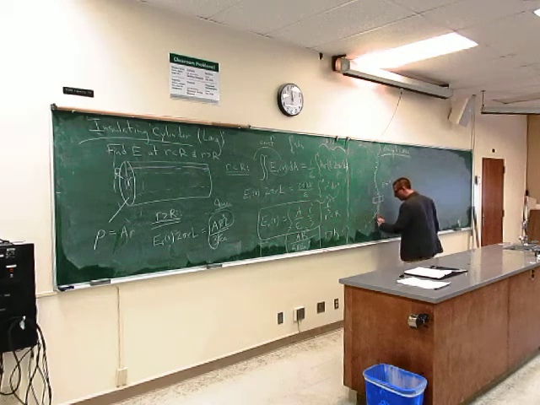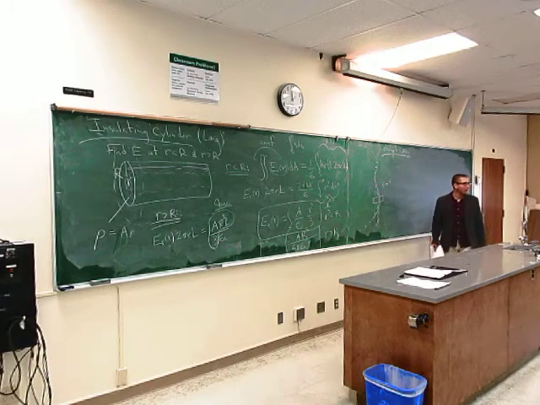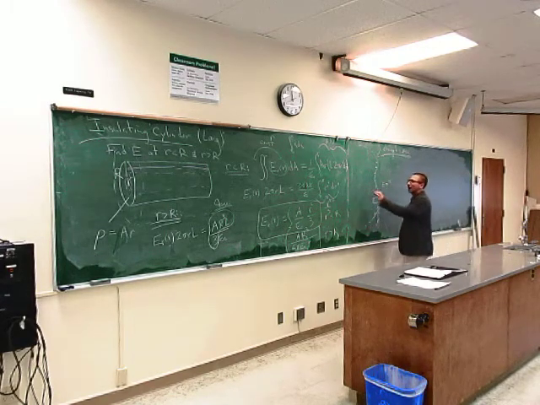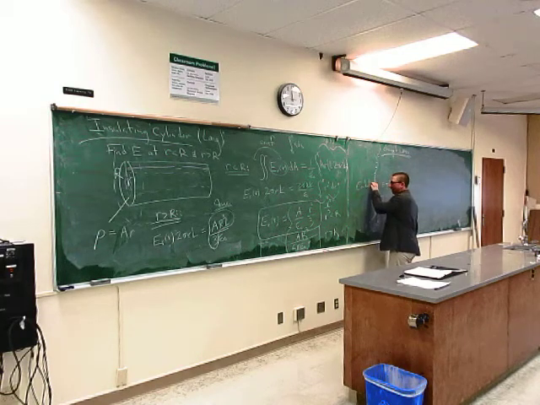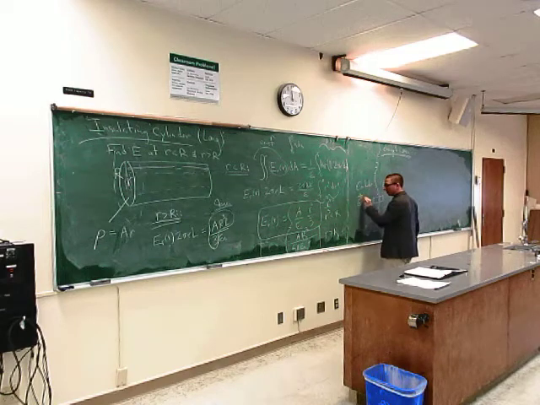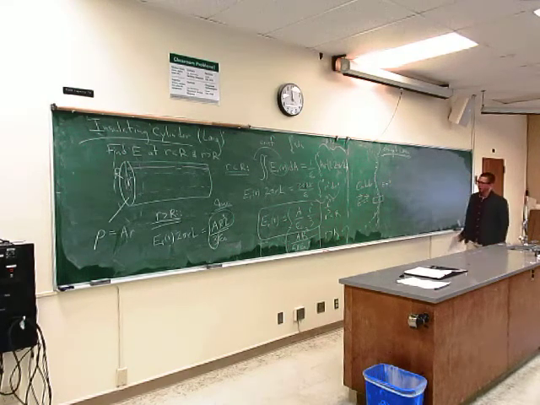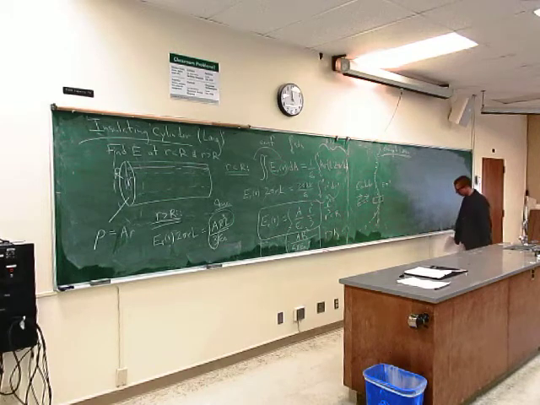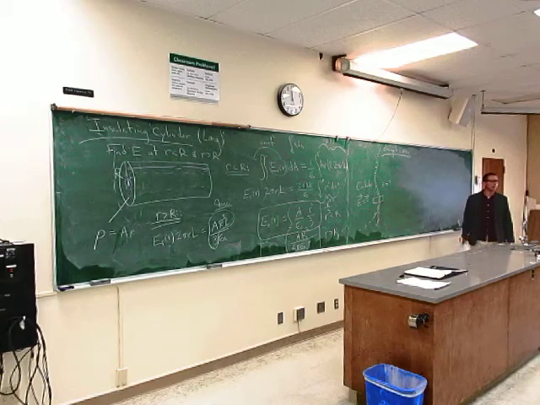So I'll create a little Gaussian surface. Now let's say that this object happened to be a conductor. If it happens to be a conductor, we know the electric field inside is equal to 0. So we can use Gauss's law and planar symmetry to find the electric field outside.